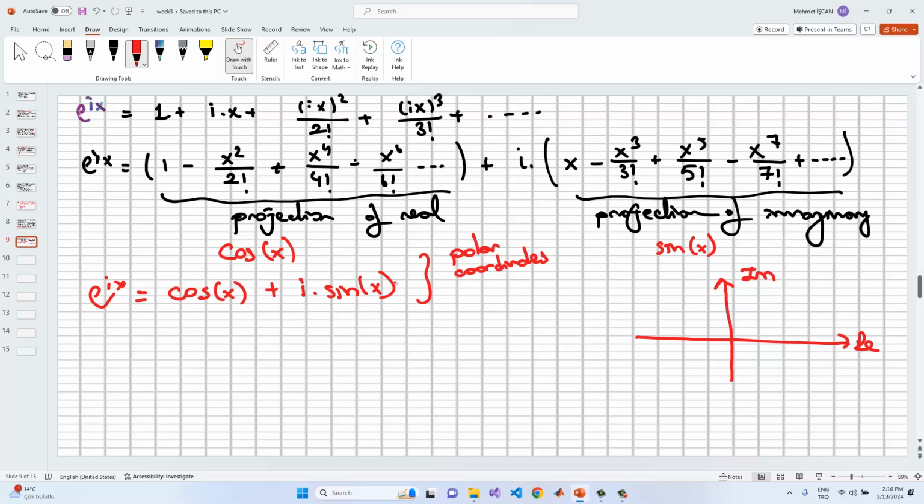How can we define this function in the polar coordinates? How can we create the real part and imaginary part in here? This is a cosinus and sinus, right? Okay. And so this is the case. We can draw one hypotenuse in here, right?